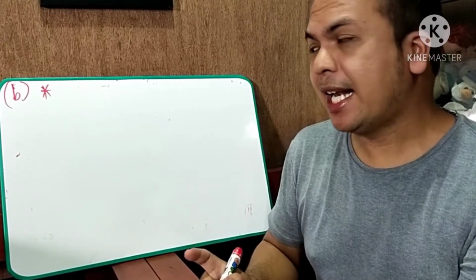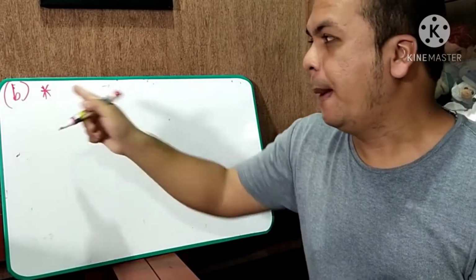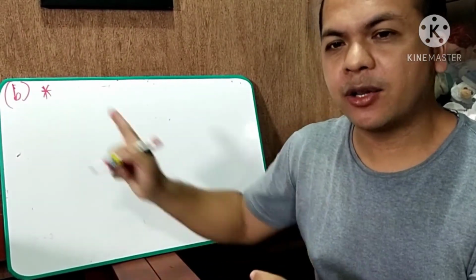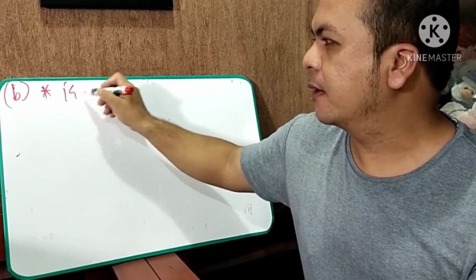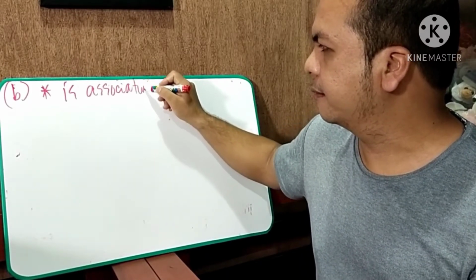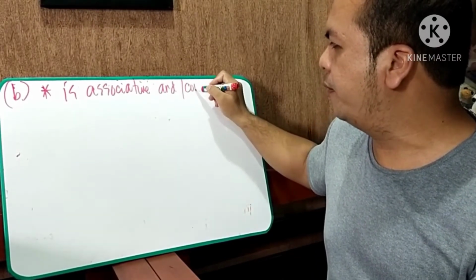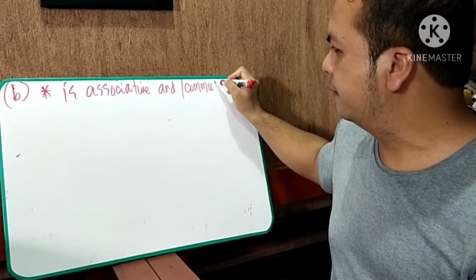Determine natin, alamin natin kung yung binary operation na to ay associative and or commutative.